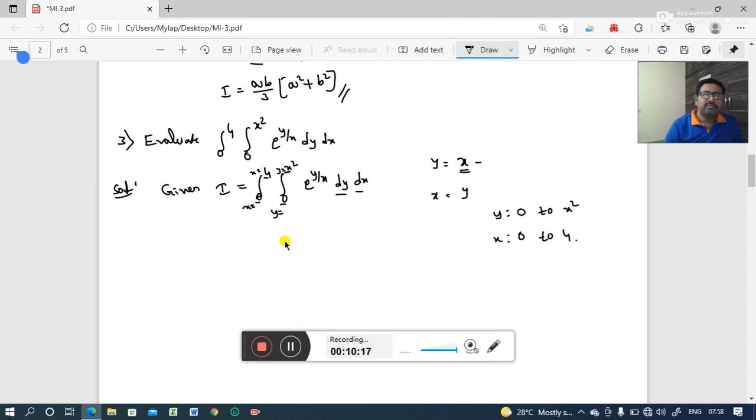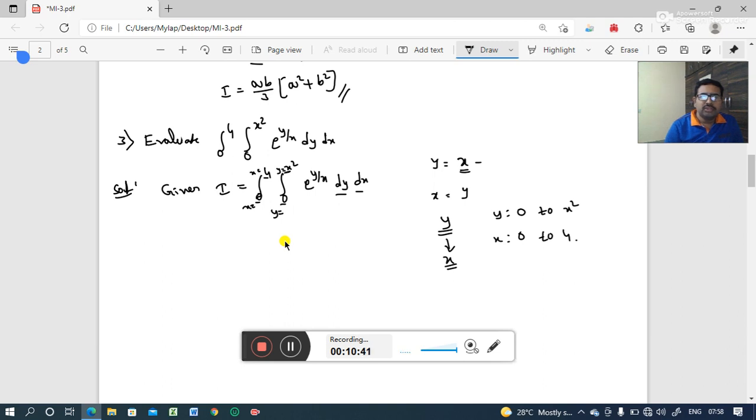Here, when they are giving variable limits, first we need to integrate with respect to y, because the first integral limits 0 to x square are limits of y. Therefore first we integrate with respect to y, then with respect to x.